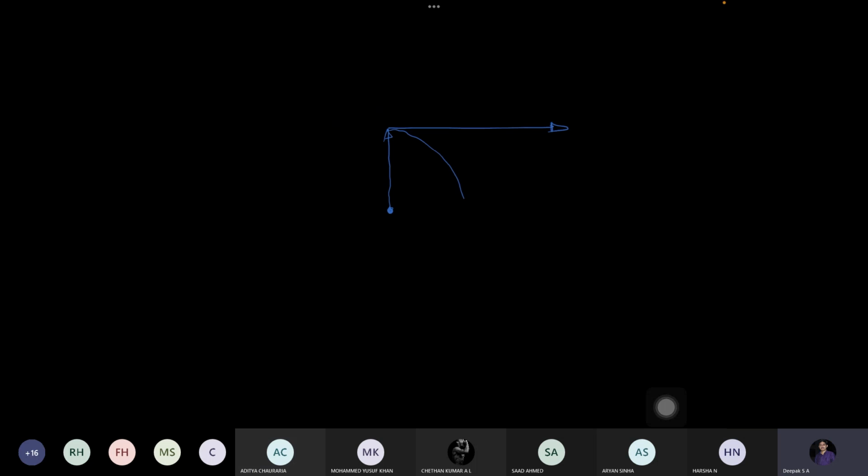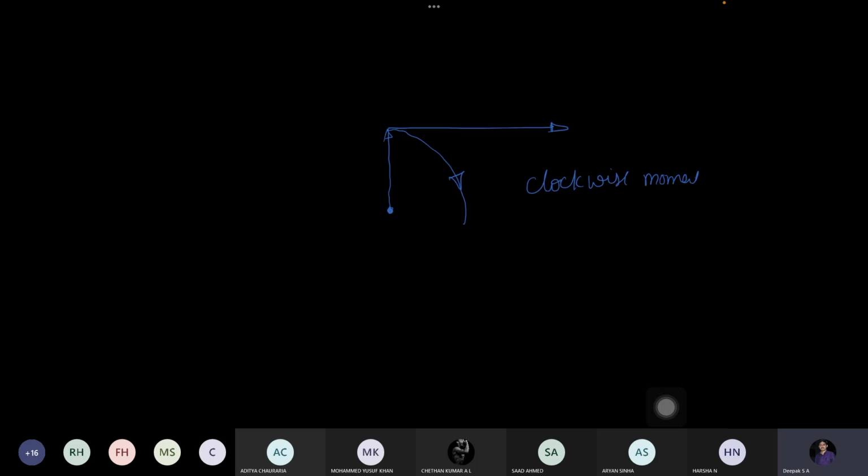If you are rotating, what is this direction, clockwise or anti-clockwise? Clockwise. So this will be called a clockwise moment.